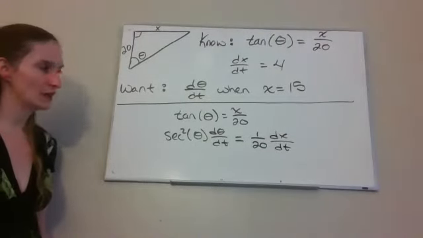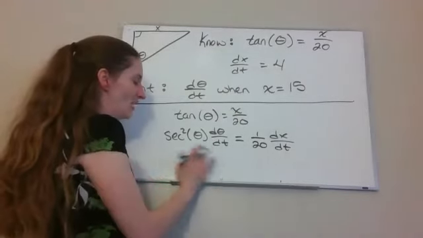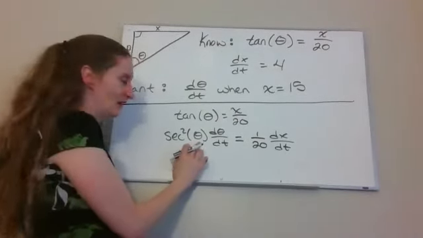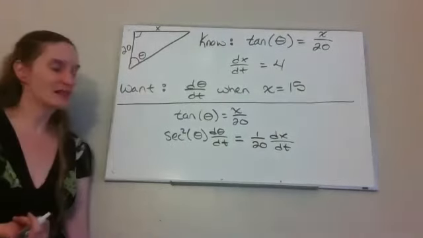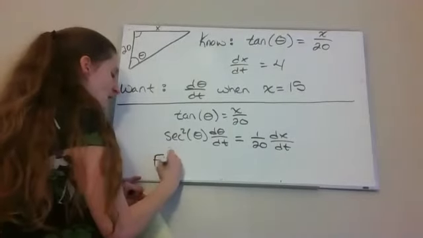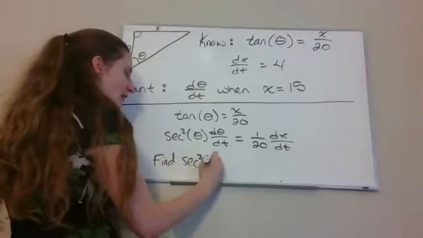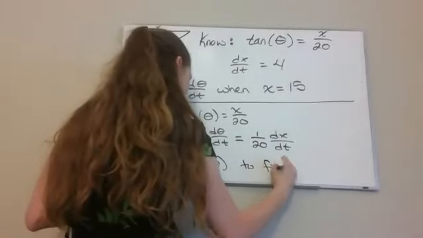Well, we do see one slight issue. I know what dx/dt is, but I don't know what theta is, let alone secant squared of theta. But we can find that secant squared of theta. So what we need to do is find what secant squared of theta is to finish the problem.